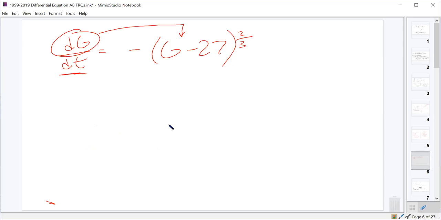So we separate the variables by saying dG over (G minus 27) to the 2/3 equals negative, we can say -1 if we want, dt. Might as well put the -1 there. I will always personally leave any constants on the right-hand side unless I see a specific reason to bring them to the left.